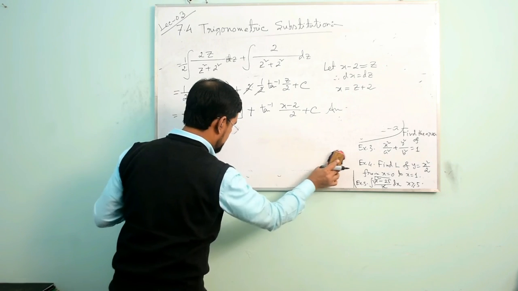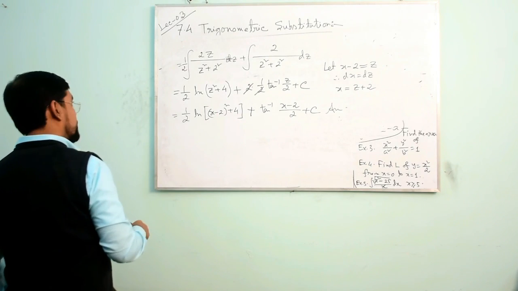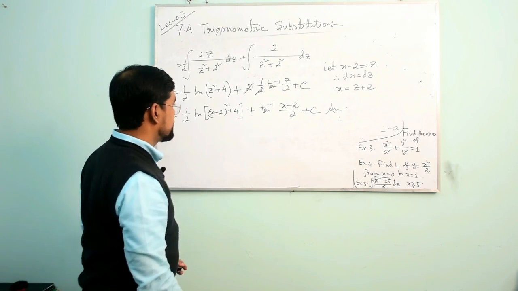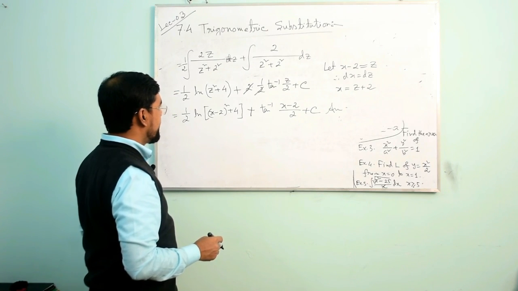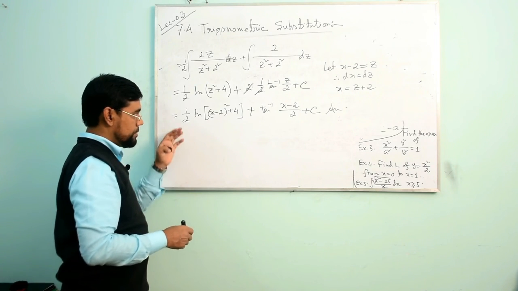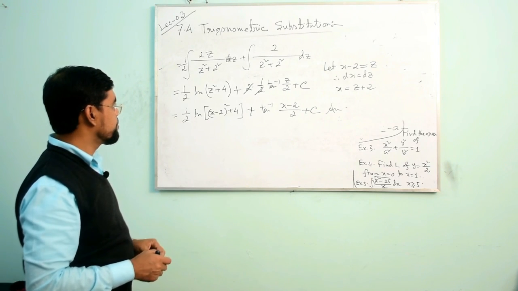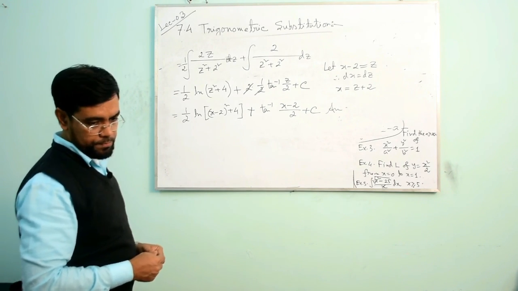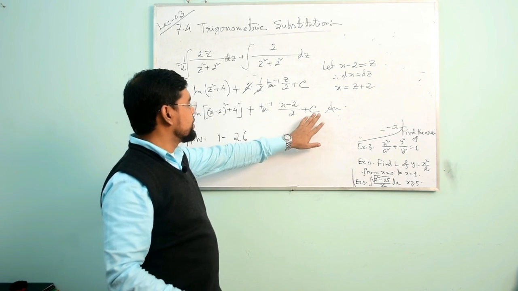So if your integral involves an x square plus bx plus c like term, then you need to first make it a square term, then you can easily evaluate it by using the formula you know. So that's the answer of this problem.